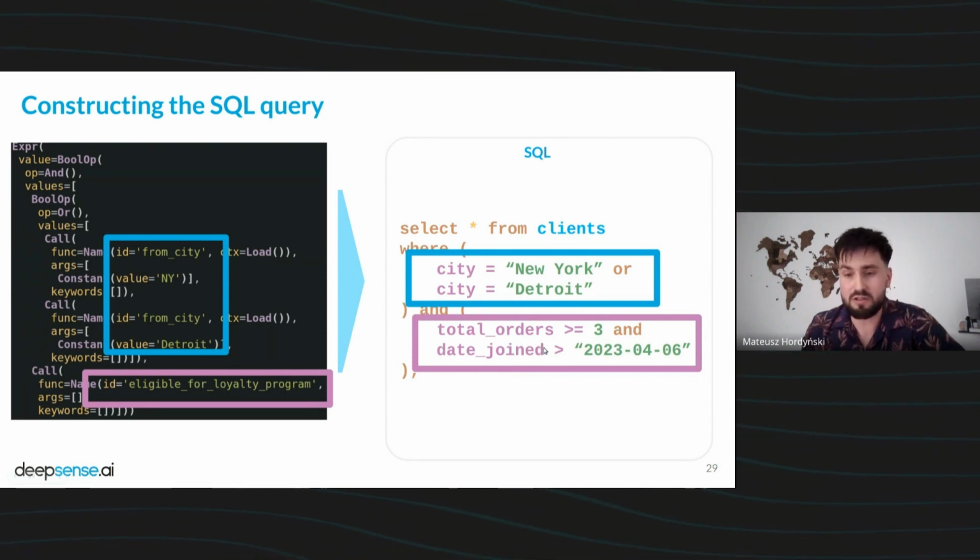At least you need to be a client for at least 1 year. And we have these chunks linked together by the ands and ors.